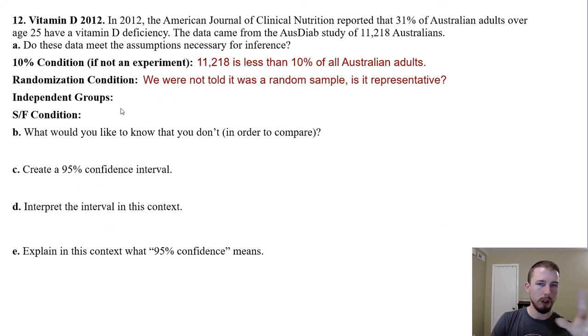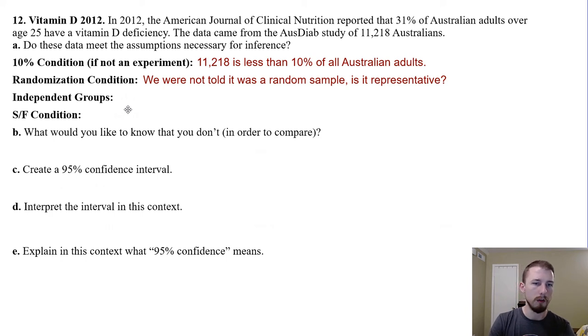Independent groups, that's if we're comparing two groups. On this one, they told us about Australian adults, and the American Journal of Clinical Nutrition is doing it. So I would wonder, are we comparing to see if vitamin D deficiency is worse among Australians or worse among Americans, or just different? Are we comparing a random sample of maybe 1,200 Americans over the age of 25 to a similar sample of Australian adults?